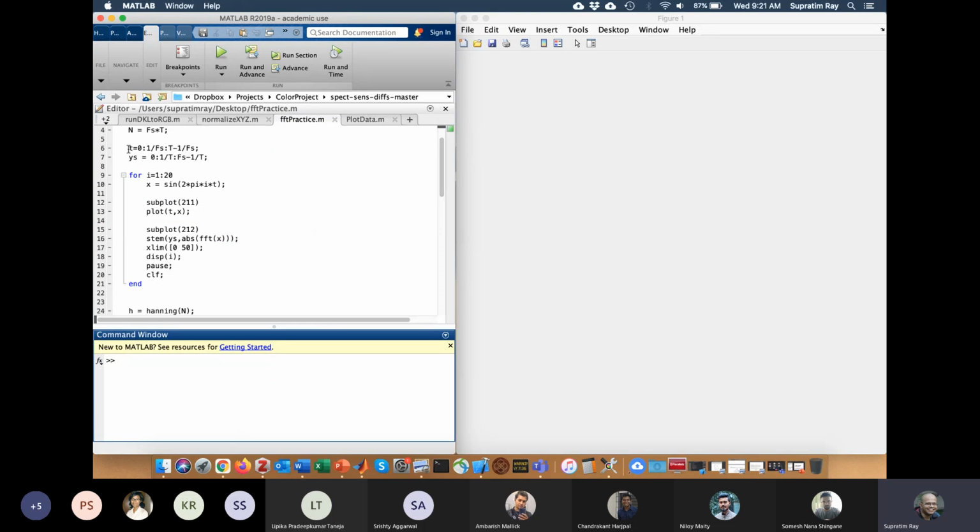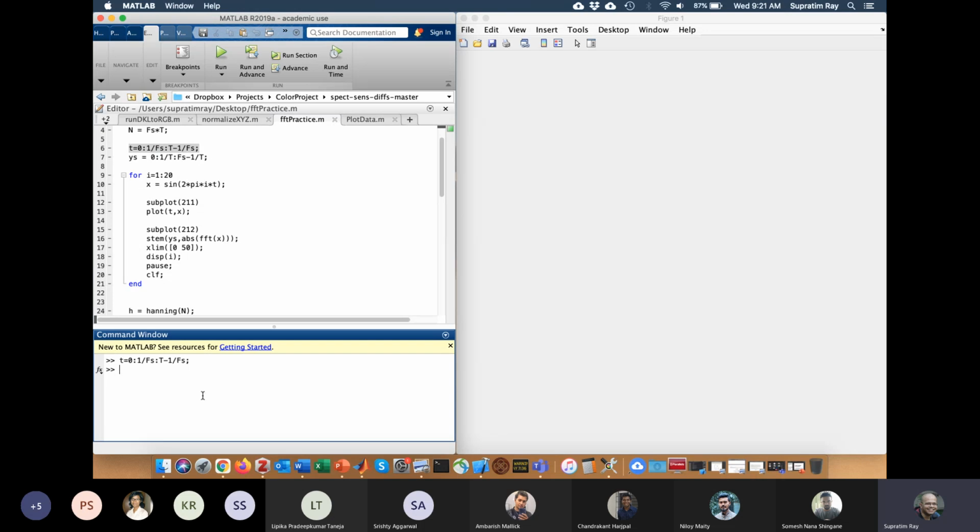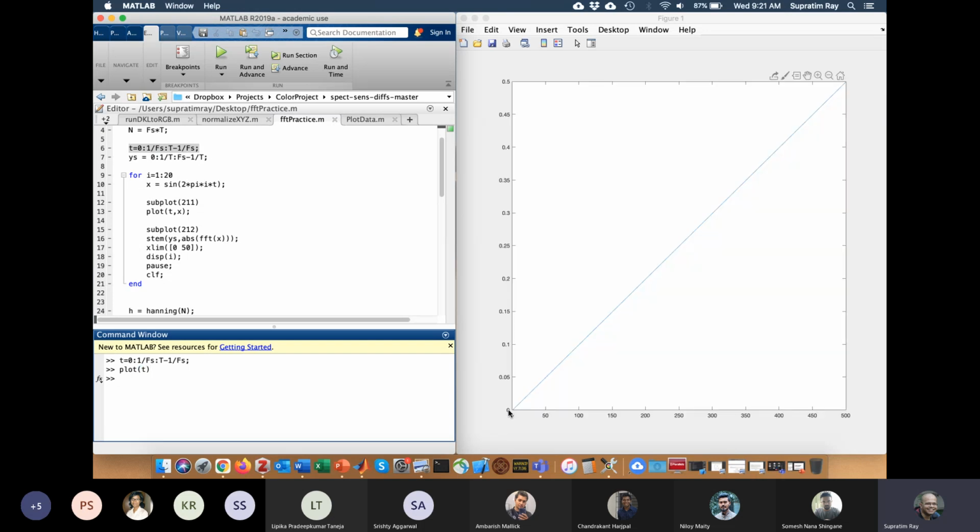Suppose this is my t vector. So if I plot t, this is how it's increasing, right? From 0 to 0.5, it goes slowly.